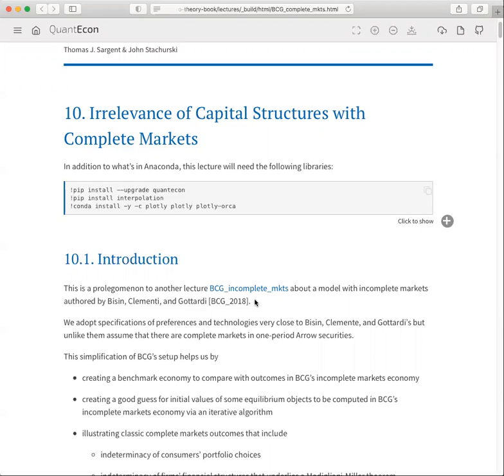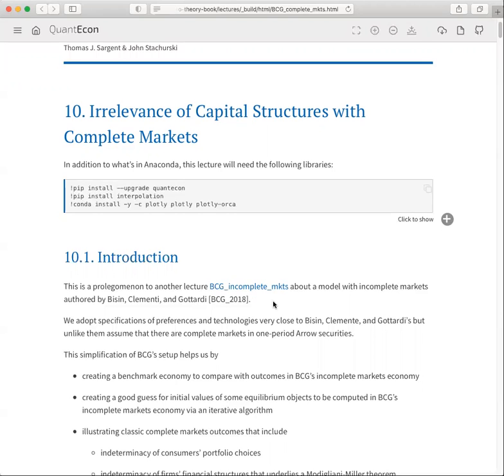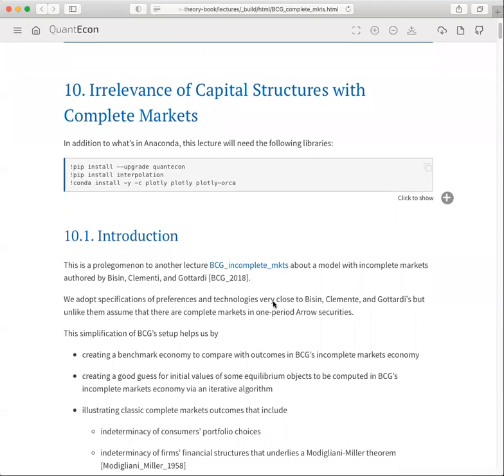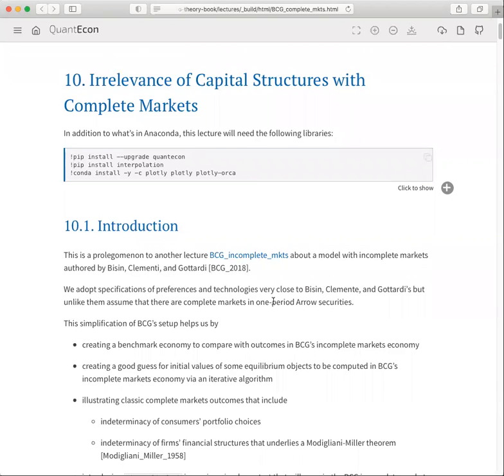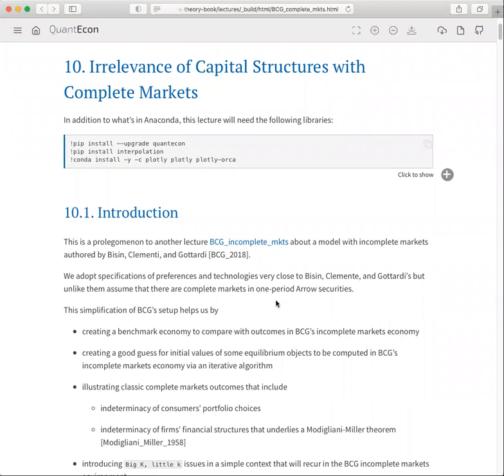I'm going to have an environment that's exactly like theirs, except I'm going to allow complete markets, whereas they shut down some markets in order to study some important issues in macroeconomics and corporate finance. So we could view this as getting us on the road to studying their paper.